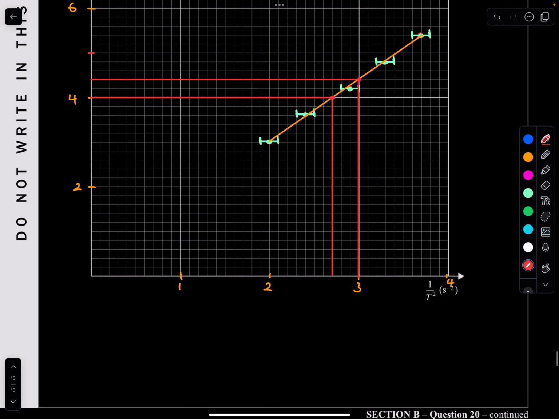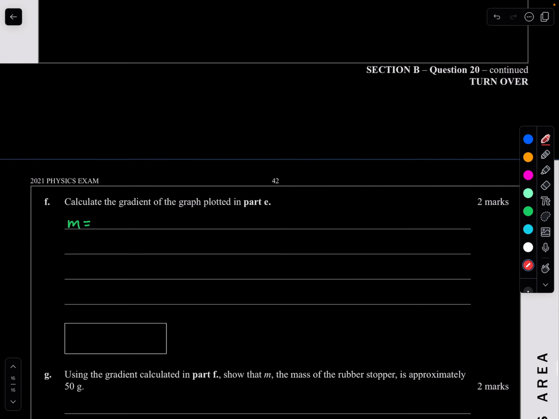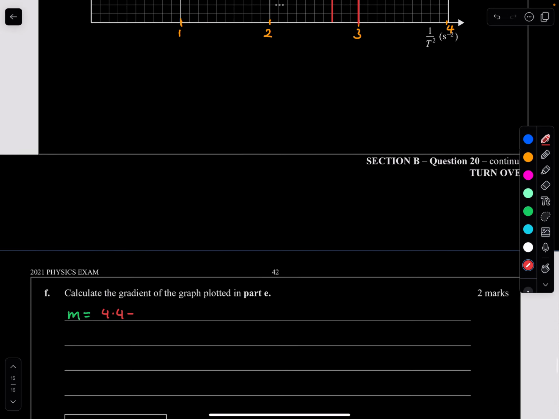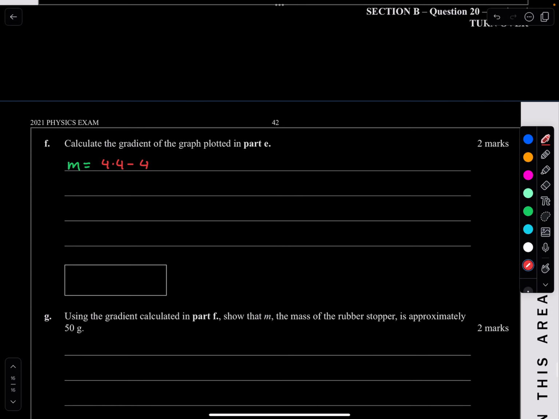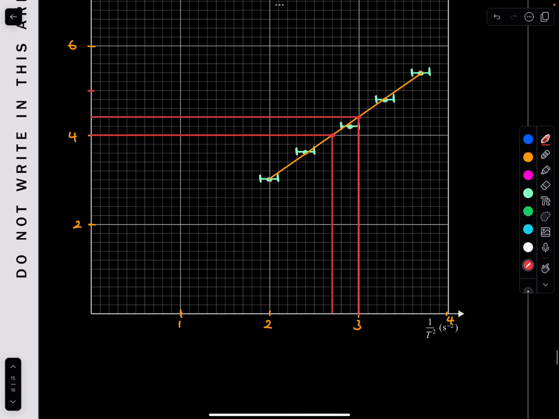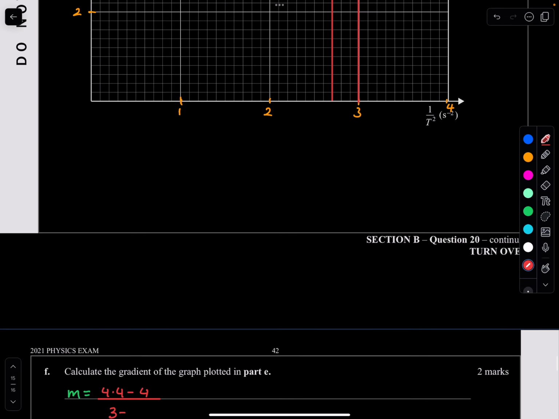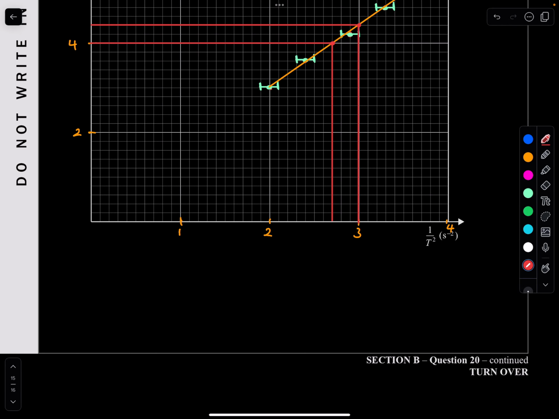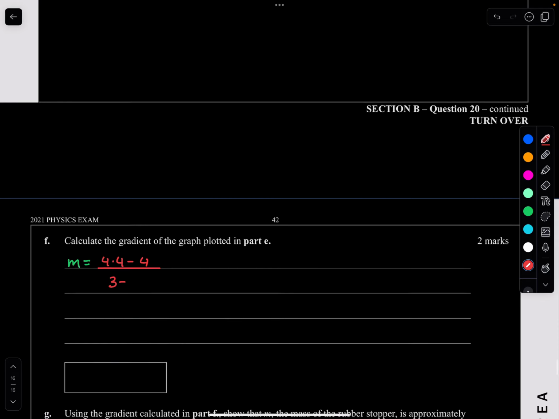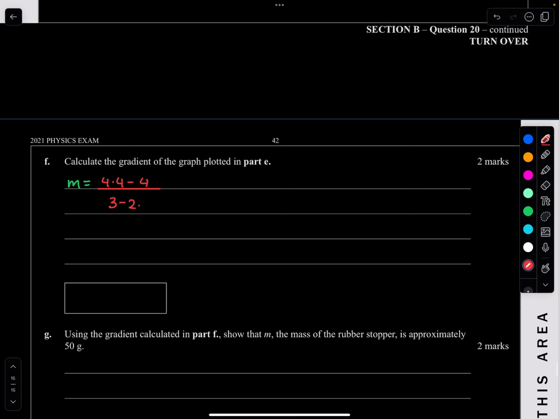So now let's use our points. Your value here is 4.2, 4.4. So that's 4.4 minus 4. I'm just using the gradient formula, so y2 minus y1, and then 3 minus, that's 1, 2, 3, 4, 5, 6, 7, 2.7 basically.